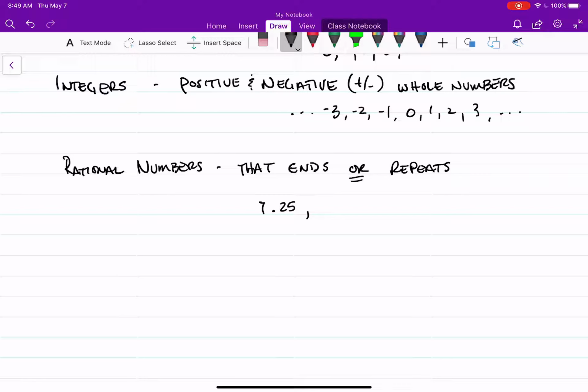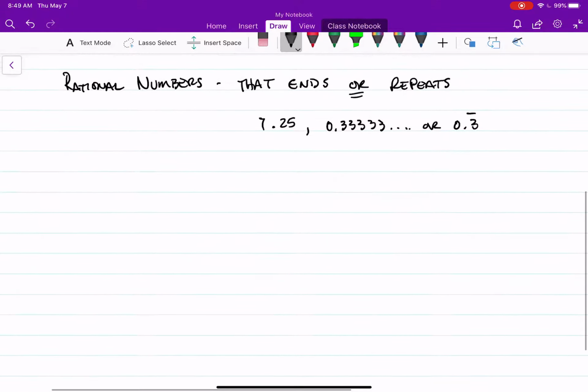A number that repeats: 0.3333, or we would have written it as 0.3 with a line over it, right? So that is also a number that either ends or repeats. I just showed you a number that ends and a number that repeats.